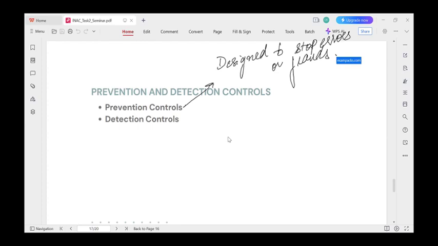So in prevention controls, you don't want errors or fraud to happen in the first place. Okay, like for example, let's talk about a couple of examples. Like we have authorization requirements.